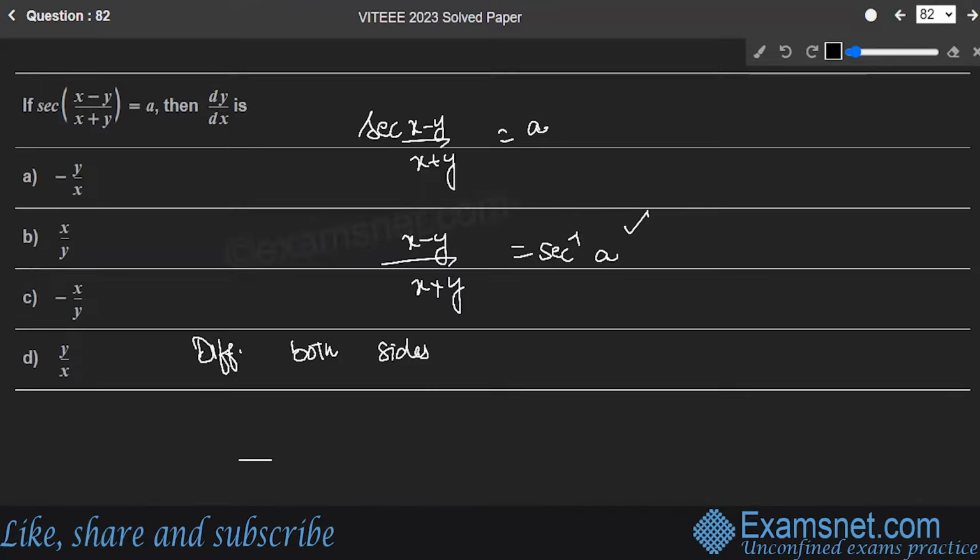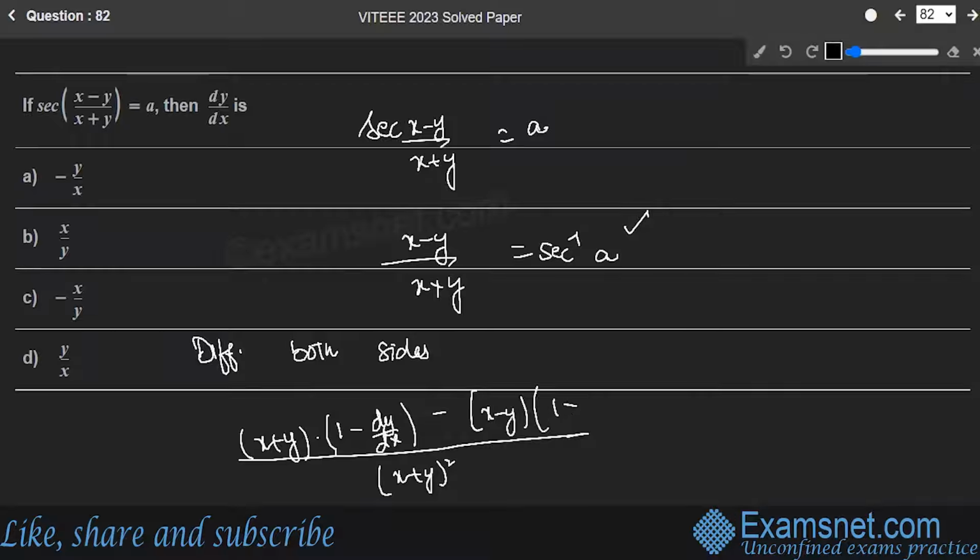Because this is a constant, differentiating both sides, using the quotient rule, it will be denominator squared into the derivative of the numerator, that gives you 1 minus dy by dx, minus numerator into the derivative of the denominator. The derivative of secant inverse a is 0, since it is a constant.